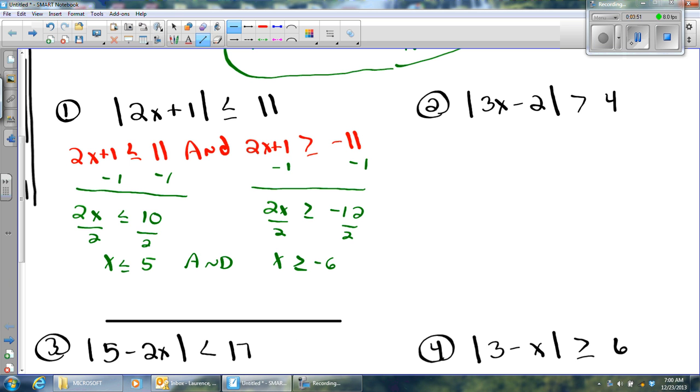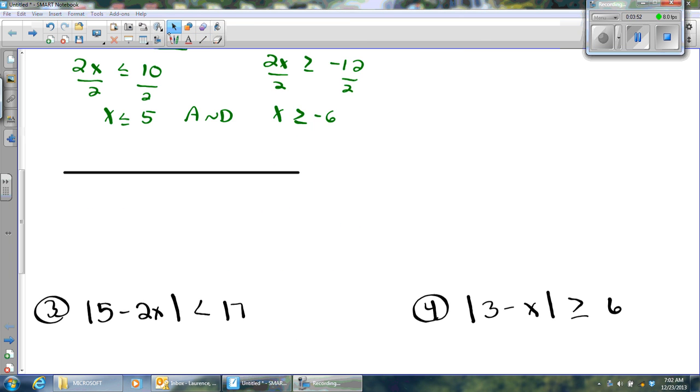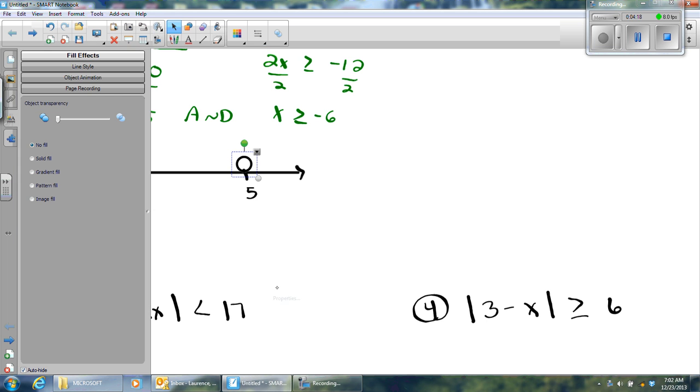Might need to give myself a little more room here. Okay, so getting my number lines set up here, and get my arrowheads on there. So I need to show 5, I need to show negative 6, right? And I need some points. So there's a point, and it might just be easier to clone him after I fill him in.